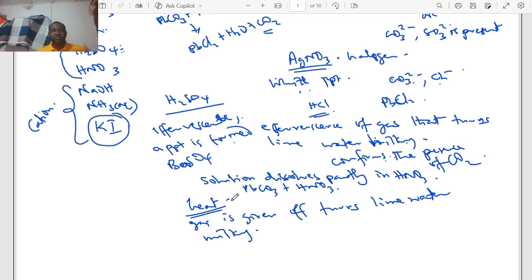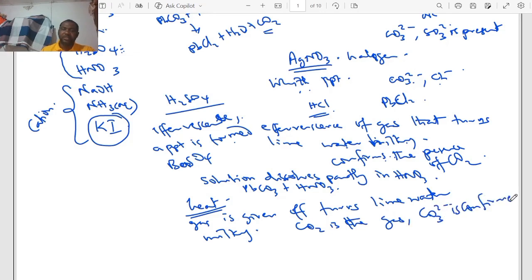In case you are asked to heat, maybe after pouring water or after pouring HNO3, heating will definitely give off carbon IV oxide. You can say here that CO2 is the gas, meaning that CO3 2- is confirmed.